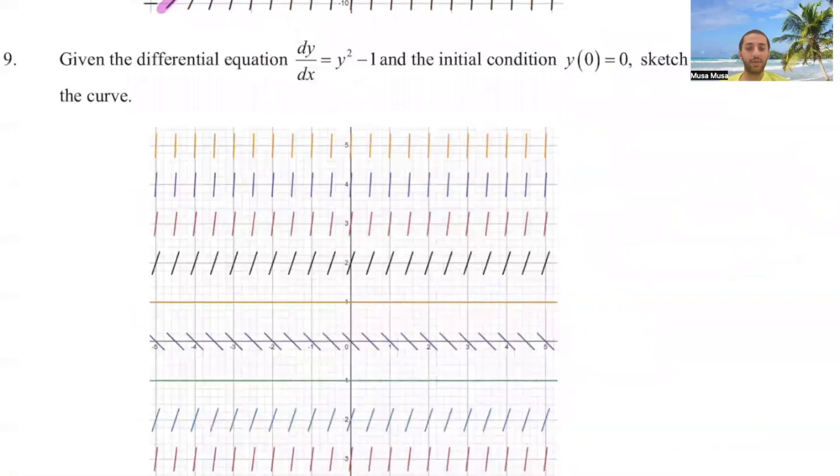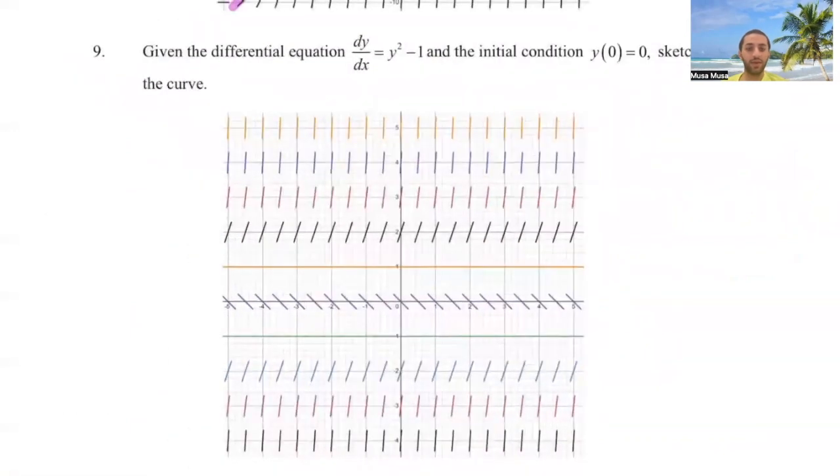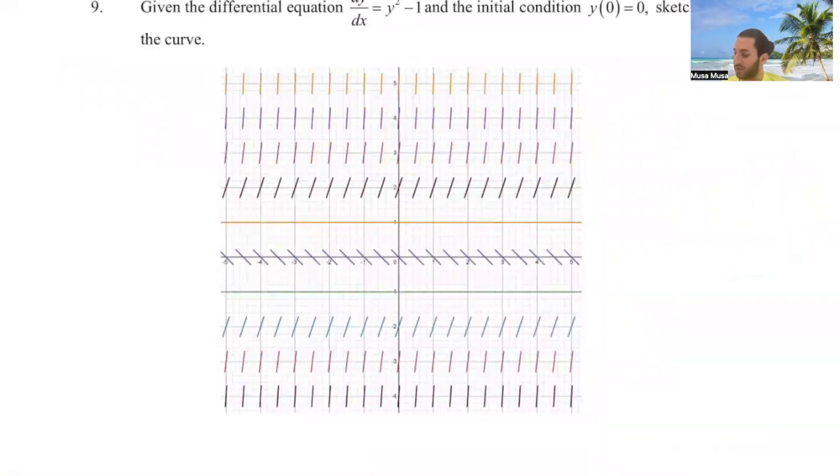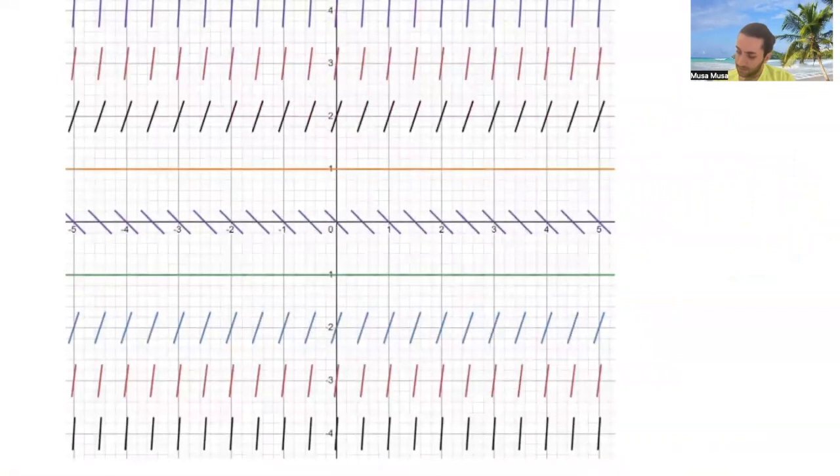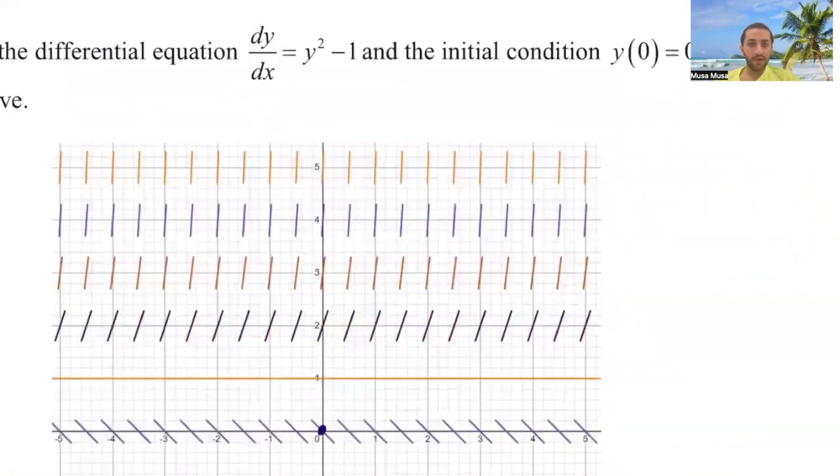All right, how about this next one? Given the differential y squared minus 1 and y of 0 equals 0, sketch the curve. So, seems like we're there. It says 0, 0.